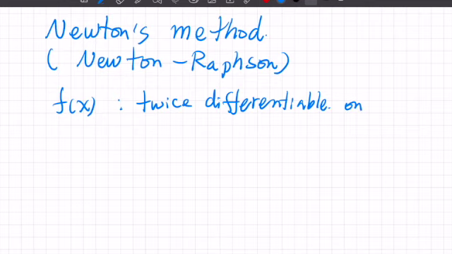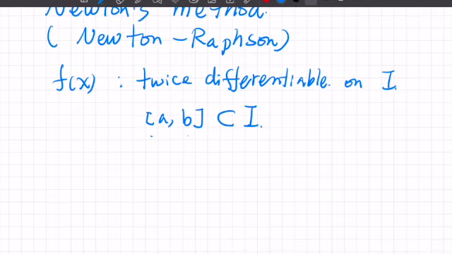On an open interval I, and also assume that this open interval I includes a closed interval from A to B. So this closed interval is a subset of I. And we impose the following conditions.